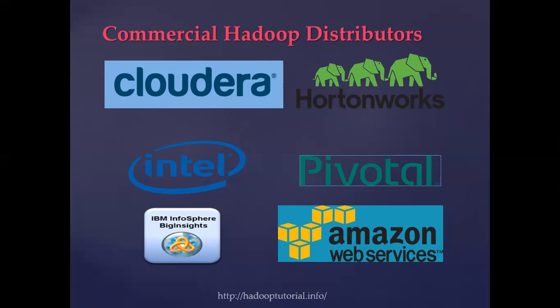Everybody is free to take Apache Hadoop and put their own modifications on top of it. They can release their own versions, but they have to give it away for free.